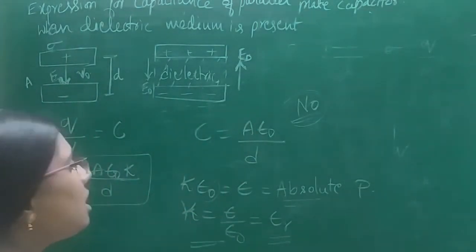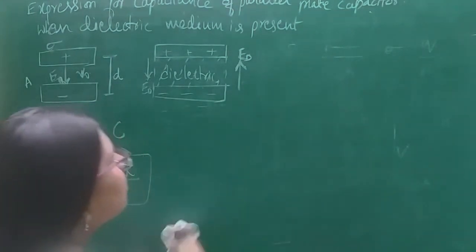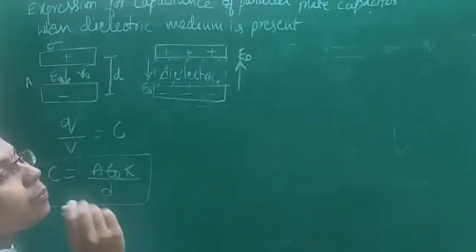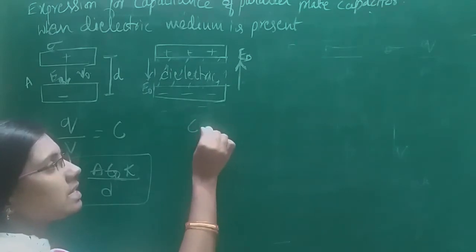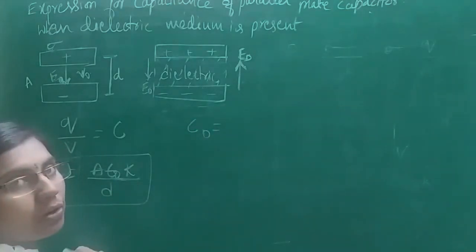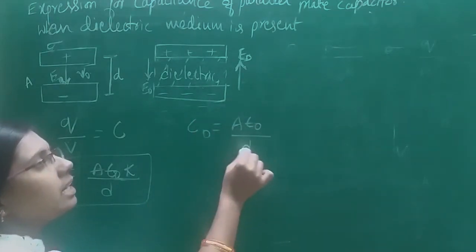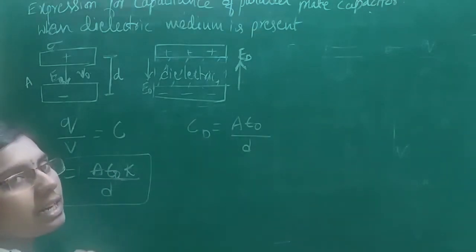Now suppose we consider the capacitance of a parallel plate capacitor when air or vacuum is present in between the two plates. Then capacitance is given by A epsilon naught by D. Take this as C naught, that means without inserting the dielectric.